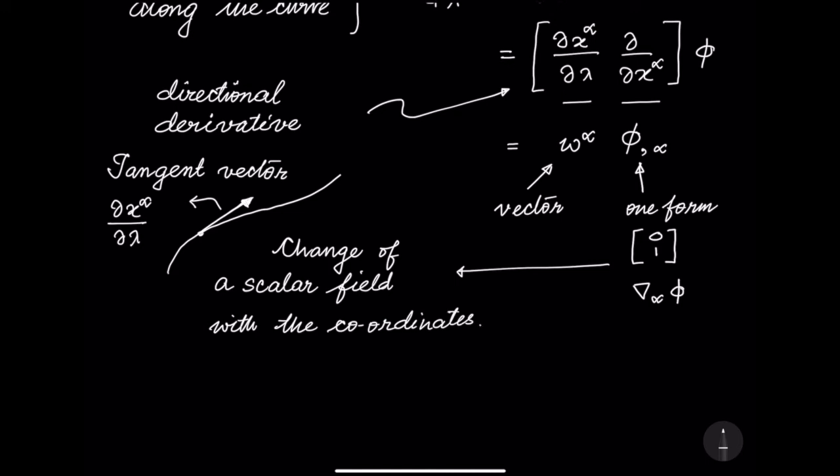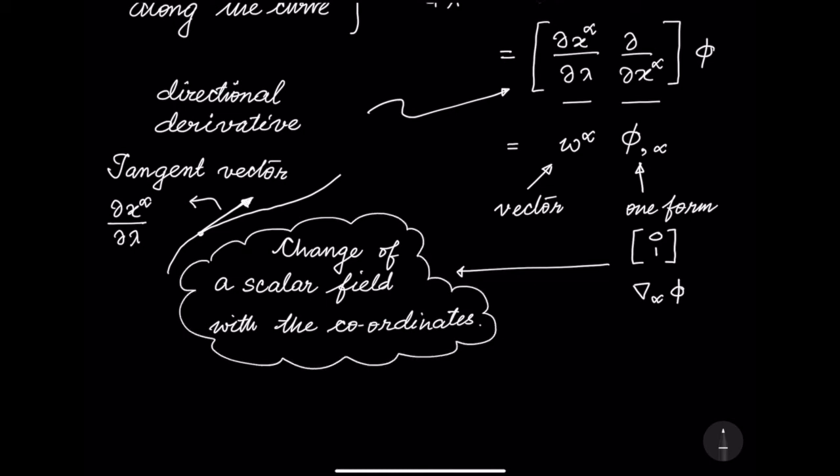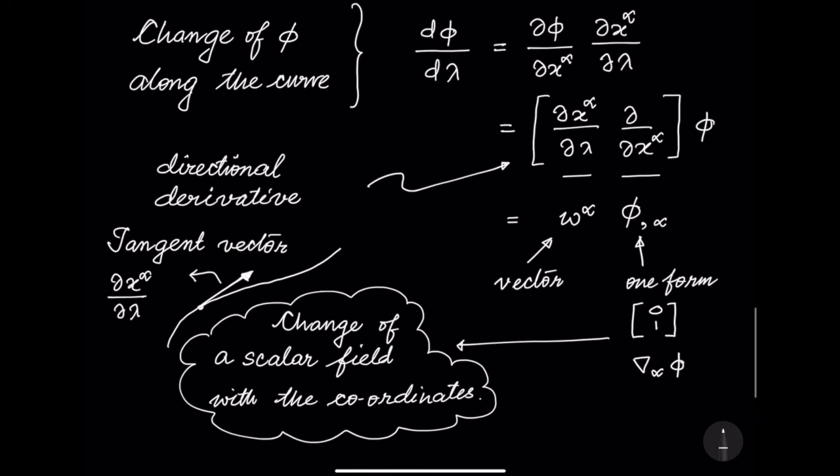Okay, so let us look at these a little bit more closely. See, what have we done? We said that we have a scalar field defined in the manifold. So there is a function which gives me a number for every point in the manifold. And this number doesn't change for that given point, even if you change the coordinate system. There's only one number associated with each point.